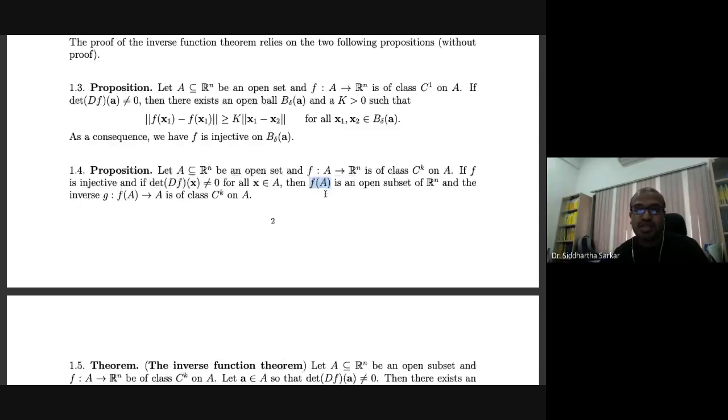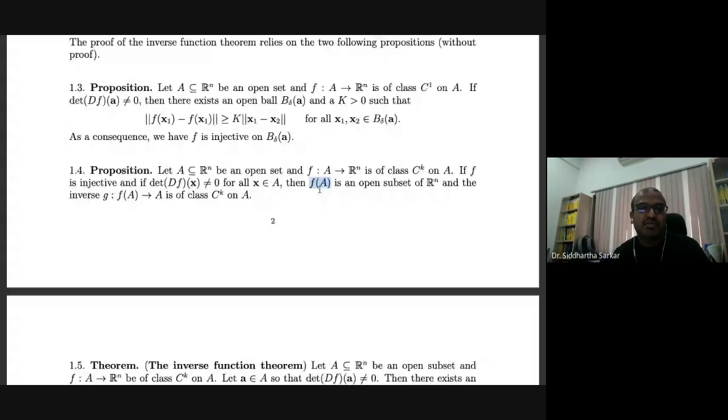But trying to prove with bare hands that the image of a function is an open subset in Rn is a tedious task. For the real line, what you have seen is that if I have an open interval, the image of this open interval need not look like an open interval, but I can further shorten it to make sure that it does.